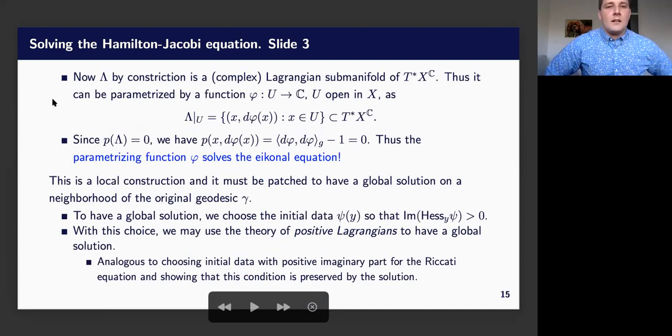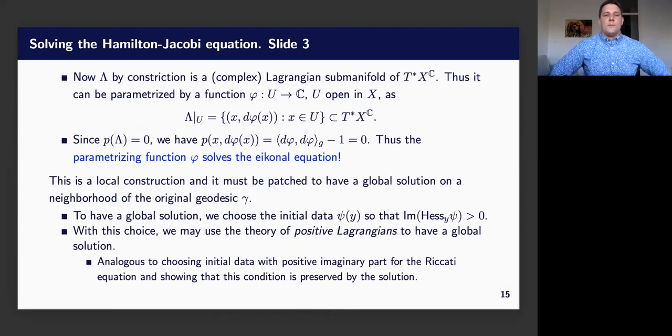The fact is that now by construction, this lambda, the red curves, is actually a Lagrangian submanifold of the cotangent bundle. And here it is C^n because we look for complex solutions. So we have this kind of notation.